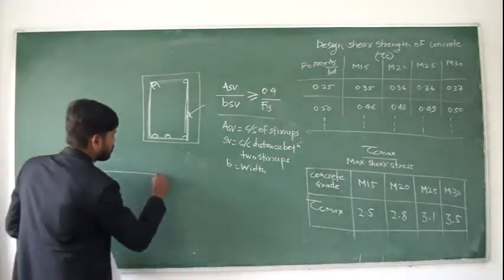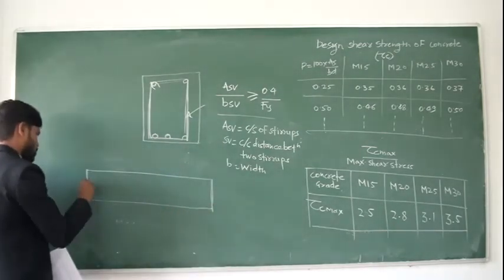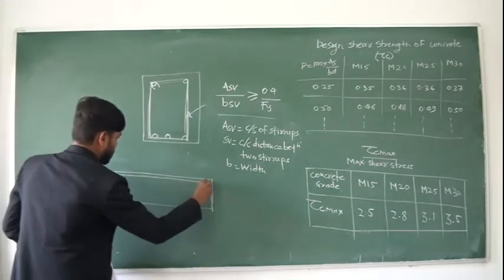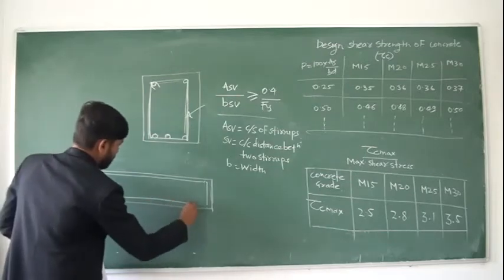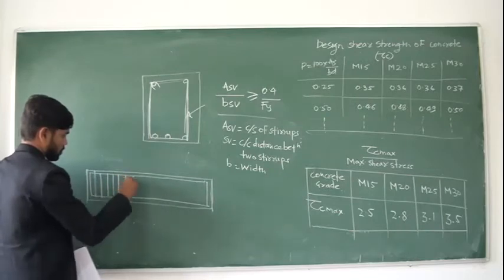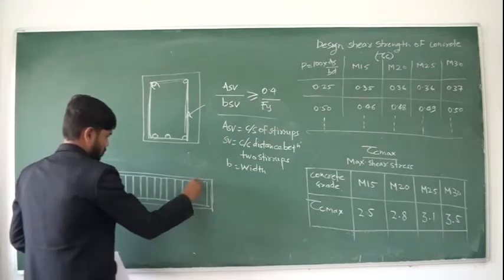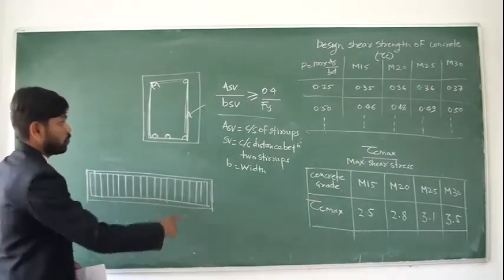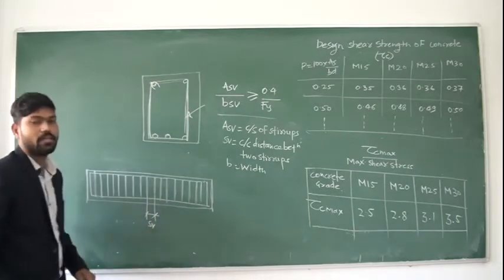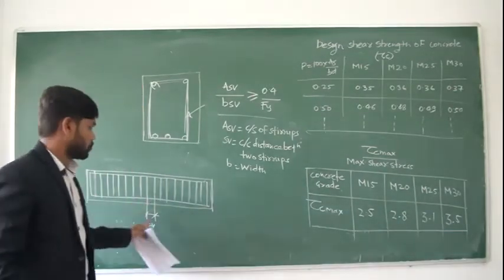If you see the beam, these vertical stirrups are provided like this. Sv means the center to center distance between two consecutive stirrups.